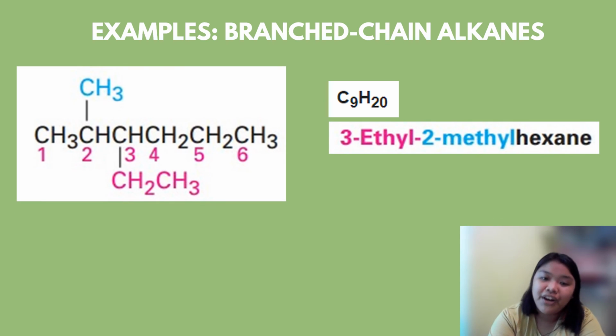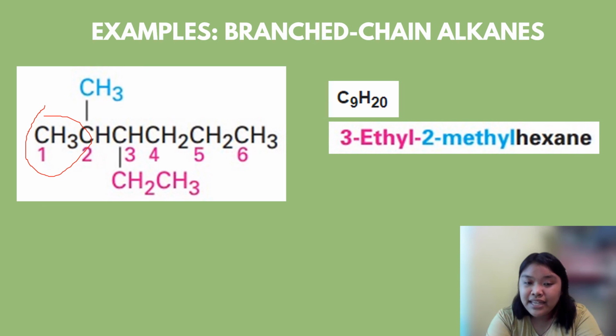So, we have here 3-ethyl 2-methylhexane. So, bakit nagiging hexane? Again, yung count ng carbon is 6. 1, 2, 3, 4, 5, 6. So, ito guys, mauuna talaga ang E kaysa kay M, of course, alphabetical. So, 3-ethyl 2-methylhexane. So, ganyan lang siya guys, yung pag-name.